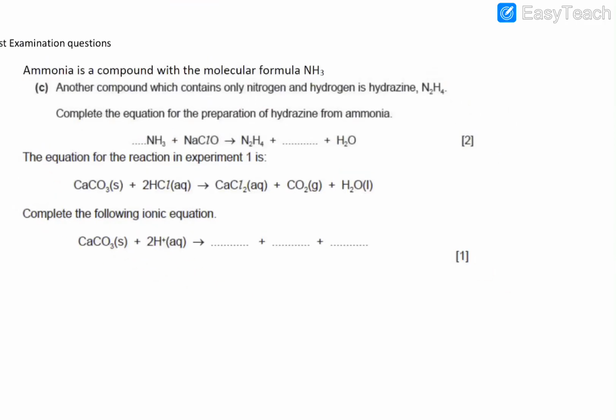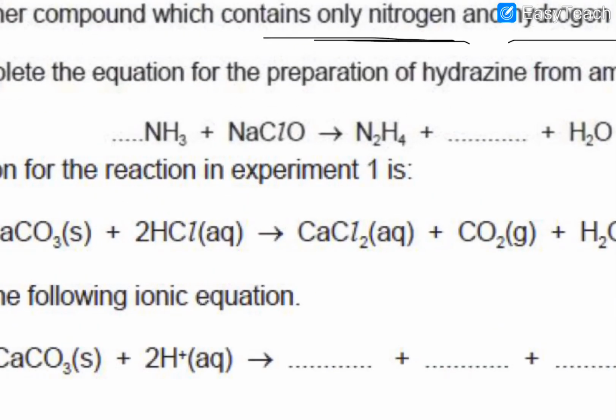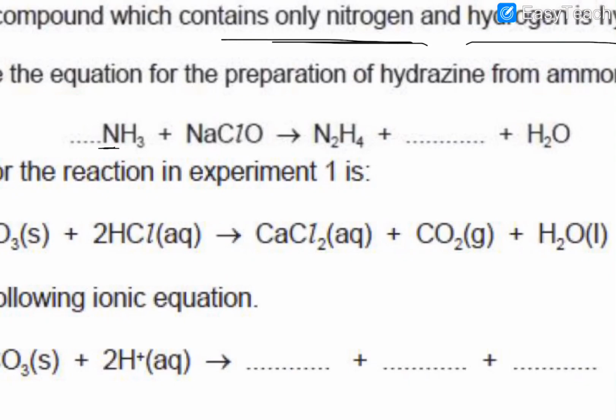The next question here, it tells you that a compound contains only nitrogen and hydrogen. So this is hydrazine. You have to complete the equation. So see, you have nitrogen, and hydrogen, oxygen, which means that NaCl is not appearing on the product side, which means that sodium and chlorine are missing on the product side.